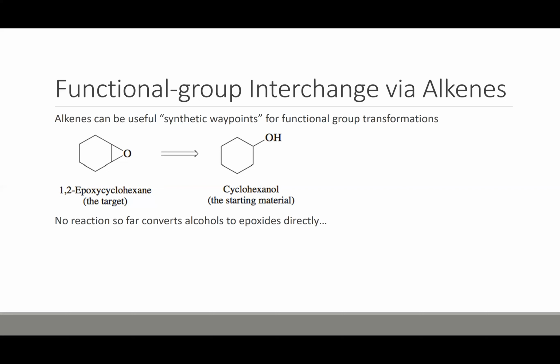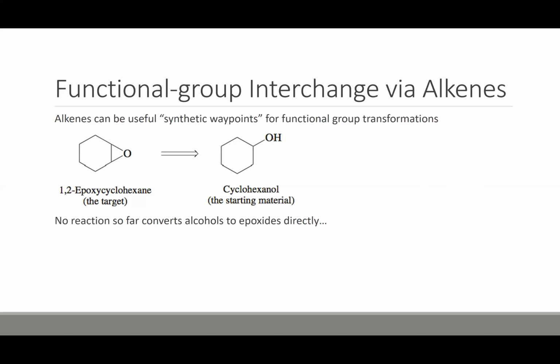So for example, if we wanted to make 1,2-epoxy cyclohexane, this is our target, we want to make an epoxide, and we're starting with an alcohol. Currently, there is no reaction that converts alcohols to epoxides directly. We want to think backwards of how we can make an epoxide group if we're starting with an alcohol.